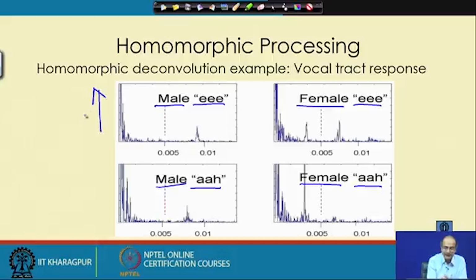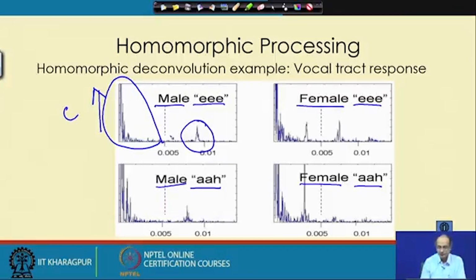This part is the low quefrency part, which is the vocal tract, and this is the excitation, the glottal pulse. And for the female speaker, we get this as the transfer function and this as the glottal pulse.